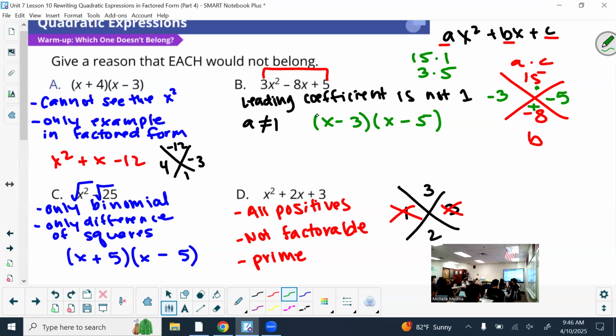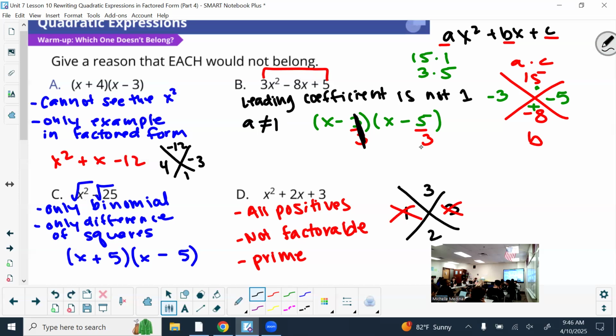The added step is to take that a value and divide it from your factor. They call it slide, like you slid it over, you multiplied it by c. You need to divide it later on. So slide and divide. Reduce the fractions. So 3/3 reduces to 1. 5/3 does not reduce further.